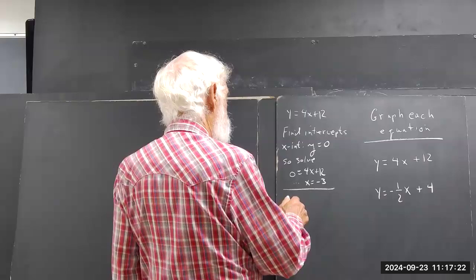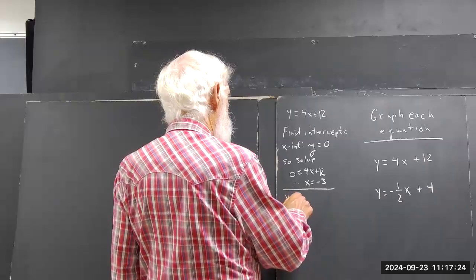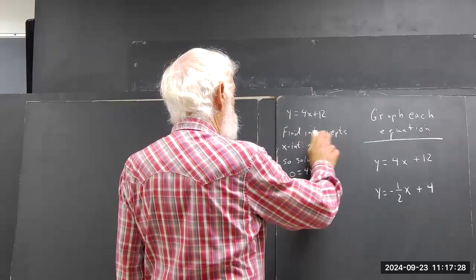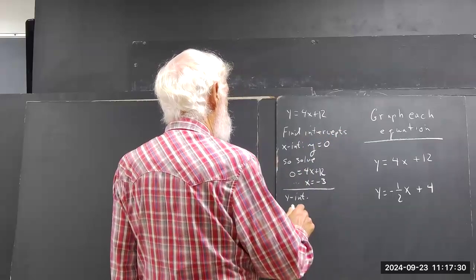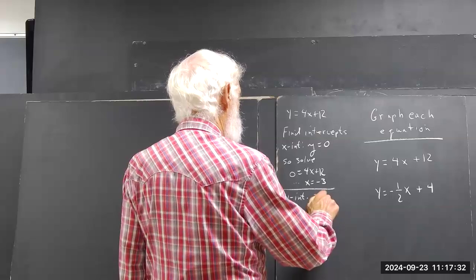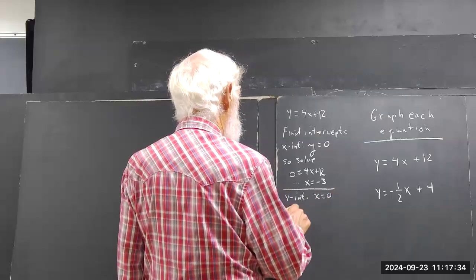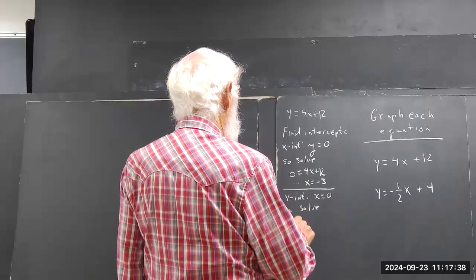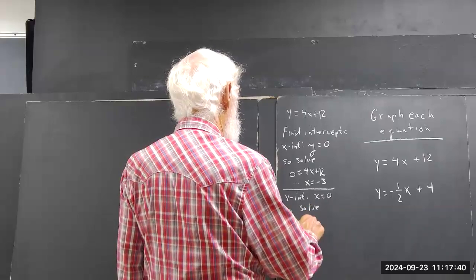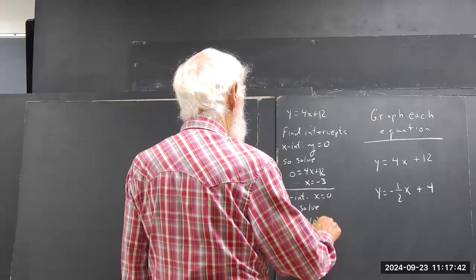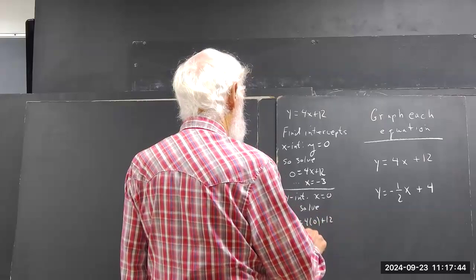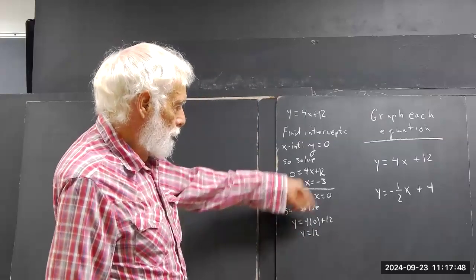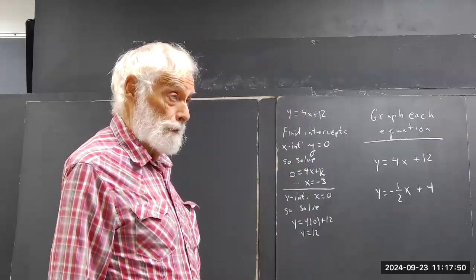Now, you can abbreviate, especially after you've written out the intercepts. When you've done your intermediate step, 4 times 0 is 0, you get y equals 12.